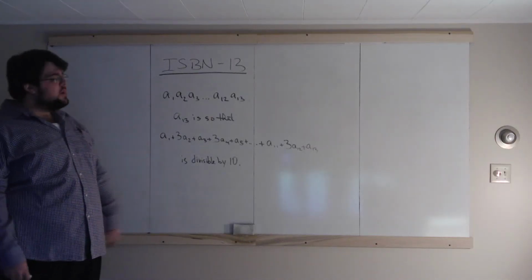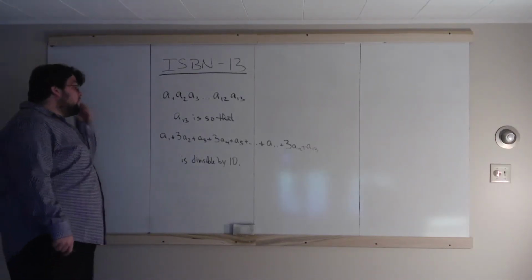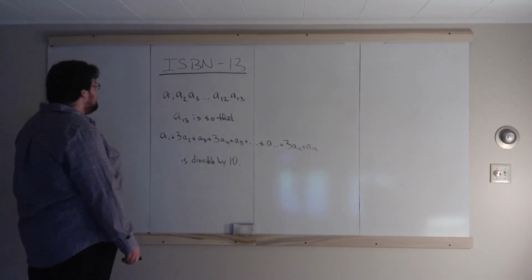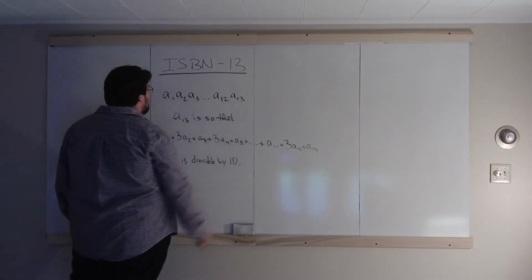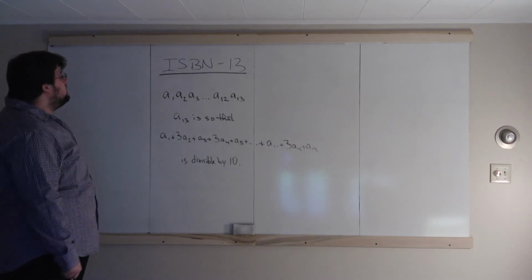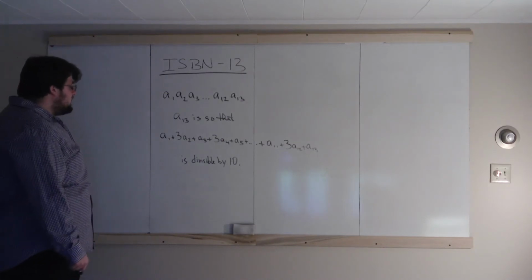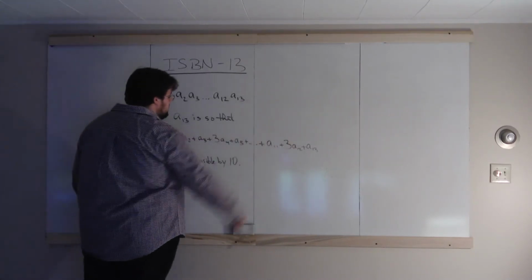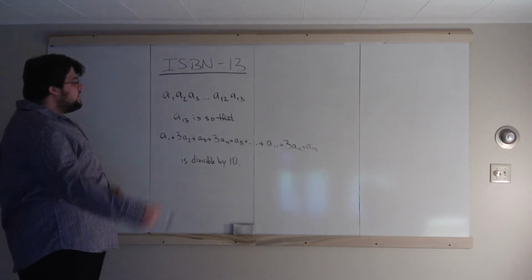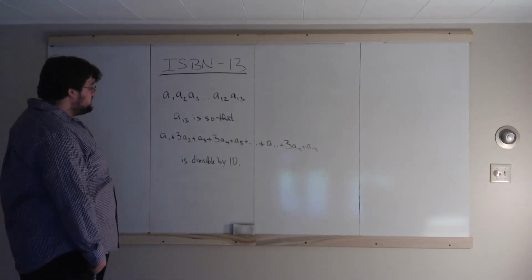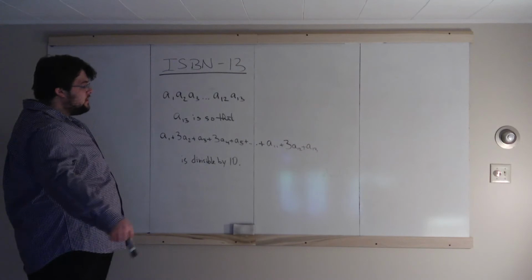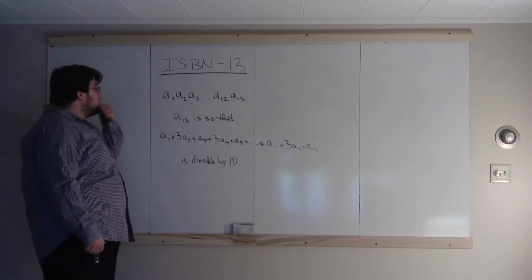The ISBN 13 number is a 13-digit identification number. So we'll call it A1 through A13, where A13 satisfies this equation. Well, it doesn't satisfy it. It says that that equation must be divisible by 10, meaning that number must end in a 0.